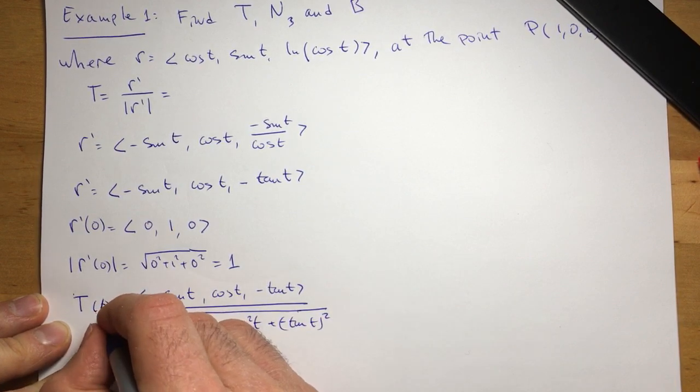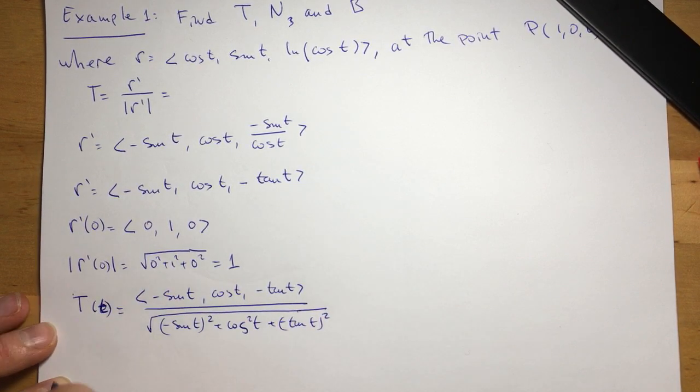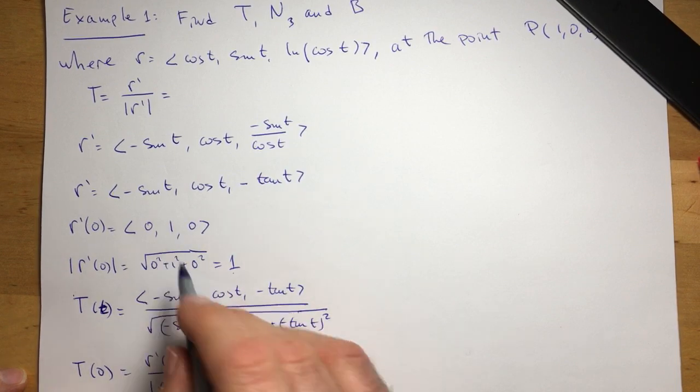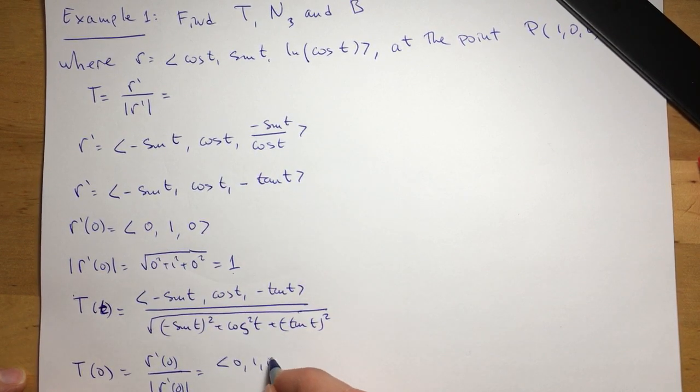Sorry, this is T at t. Okay, and the unit tangent vector at 0 is R prime evaluated at 0 over the length of R prime at 0. The length of R prime at 0 is 1, so I just have 0, 1, 0 over 1, which is 0, 1, 0.